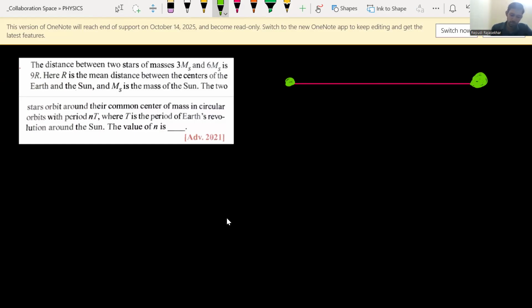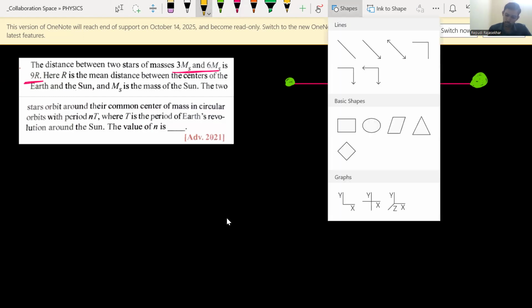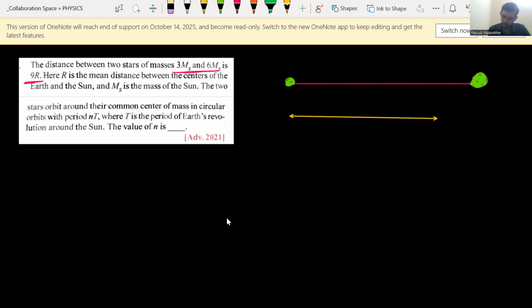One has mass 3 Ms, and the mass of the other one is 6 Ms. And 9r is the total distance between them.